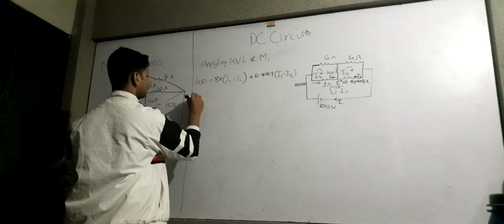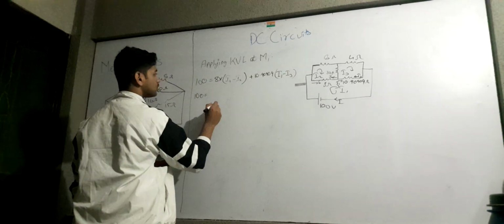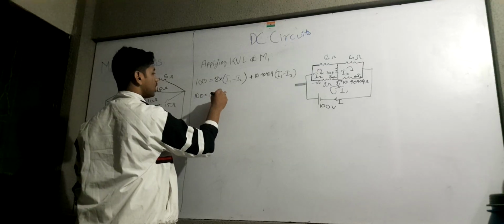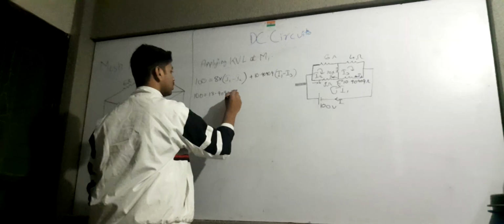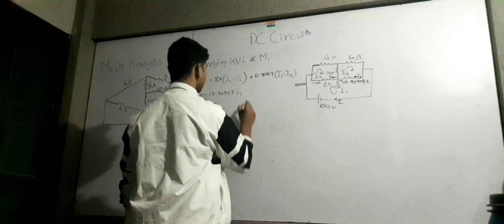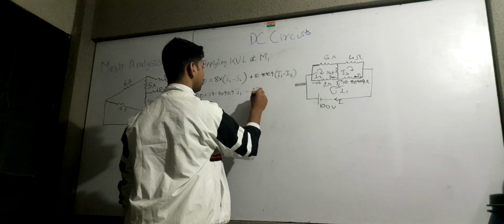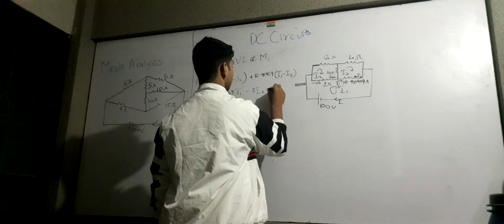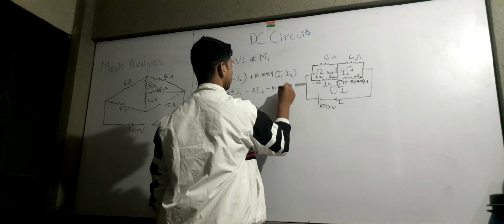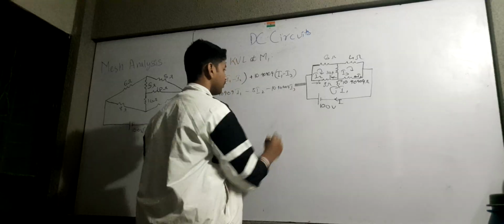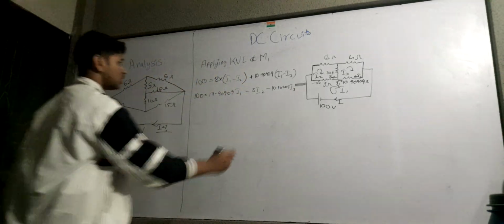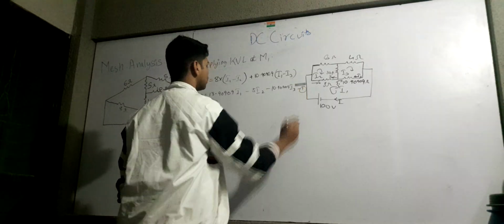So 100 equals 18.90909 I1 minus 8 I2 minus 10.90909 I3. That would be our equation 1.